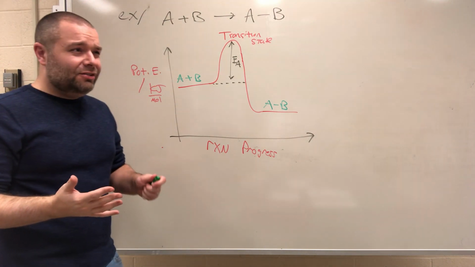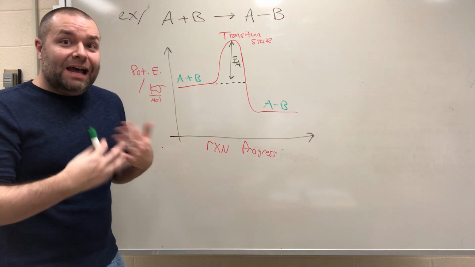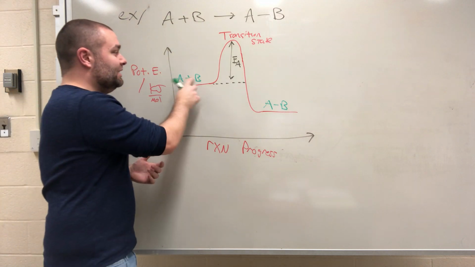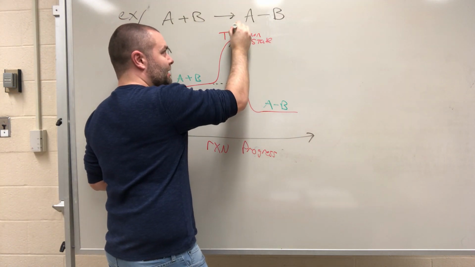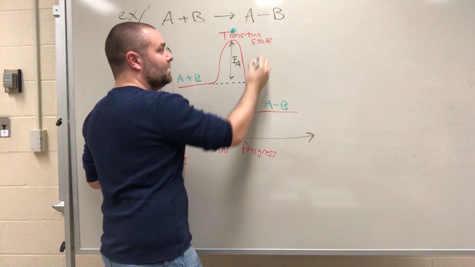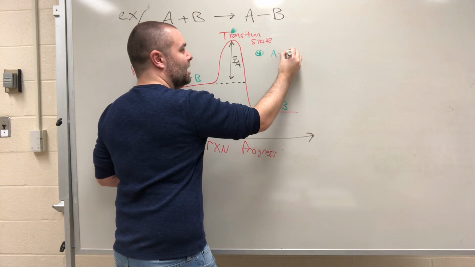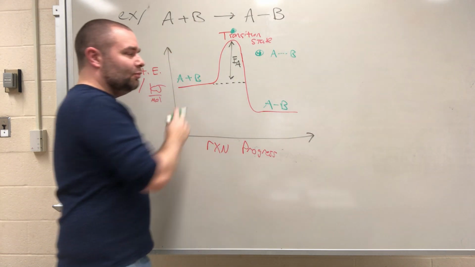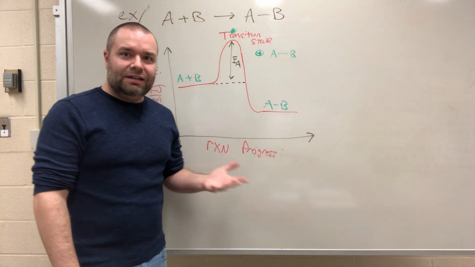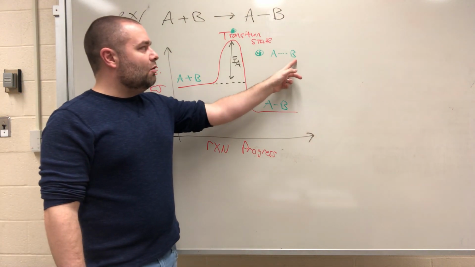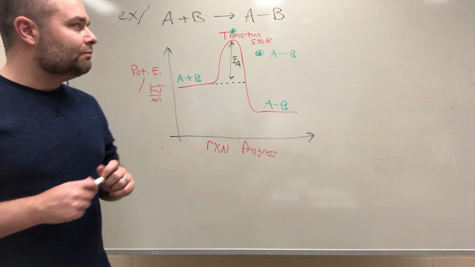The reason we call it the transition state is it looks like it's part this and part this. If you think about what's happening with this reaction, A and B have to form a bond. So up here in this transition state, right at the top of the hill, what this molecule looks like is not completely separated A and B, and not a fully formed bond between A and B. It looks like a partially formed bond between A and B, right?